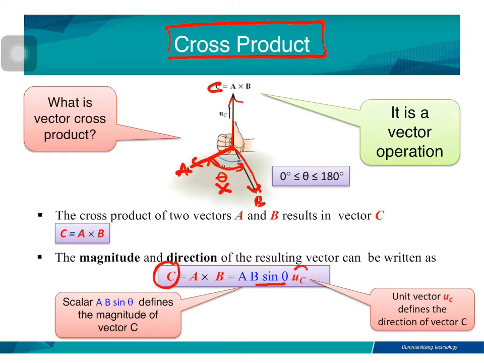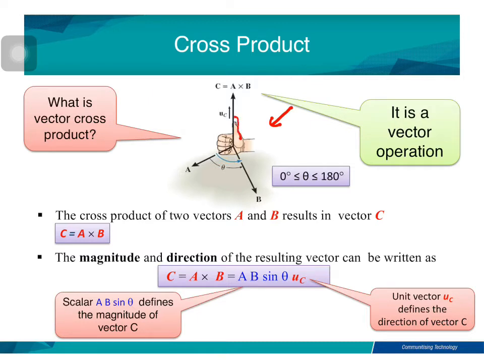So what is the u_C? u_C is the direction of the vector C. Here you can see that our right hand rule can represent the direction of the vector. How?